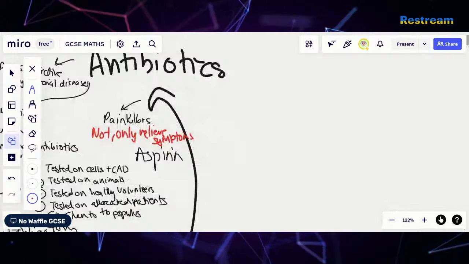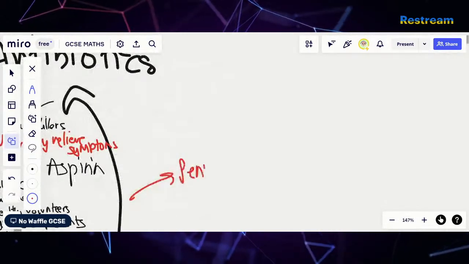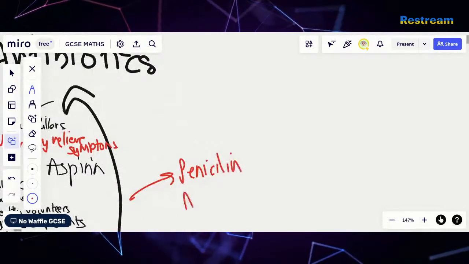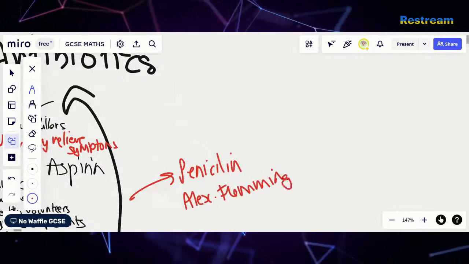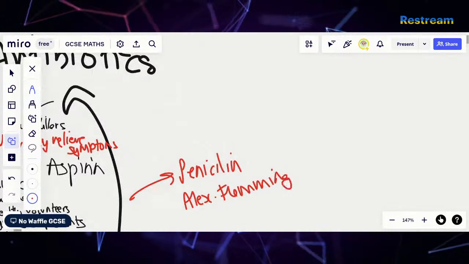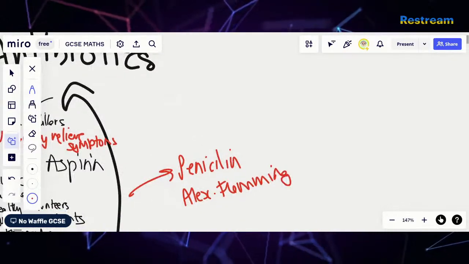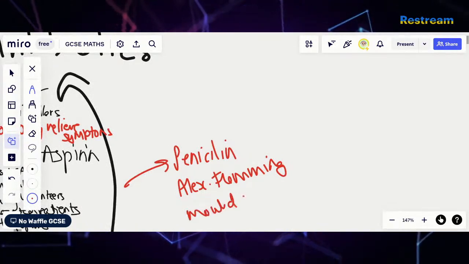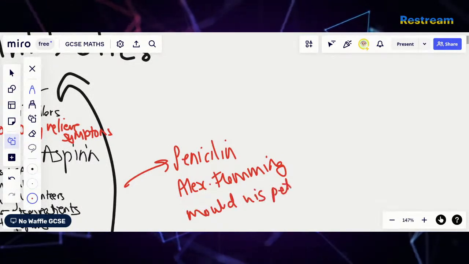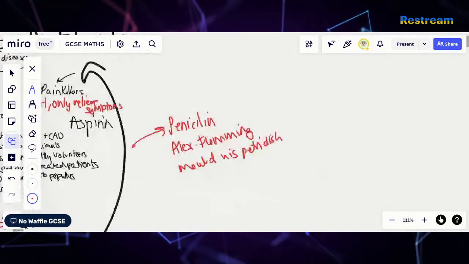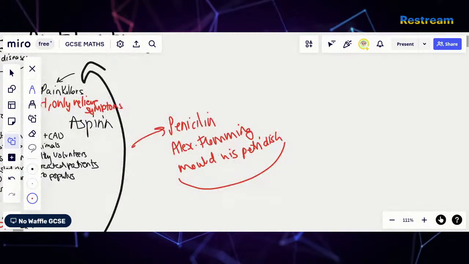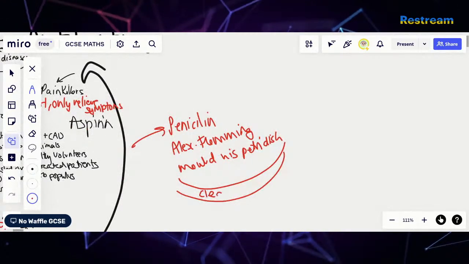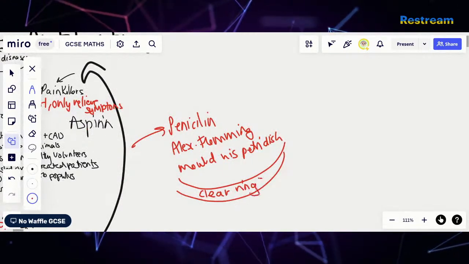Penicillin came from Alexander Fleming, and it came by accident as he noticed a mold on his petri dish that stopped the bacteria growing, and it had clear rings around the mold, which suggested that it was effective against curing things.